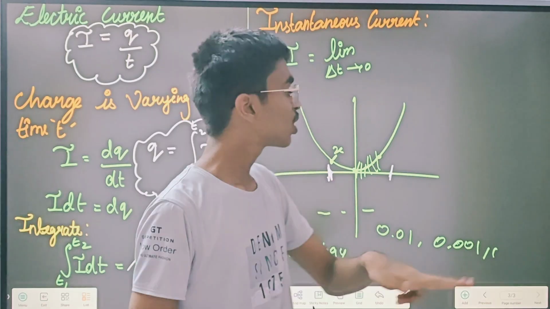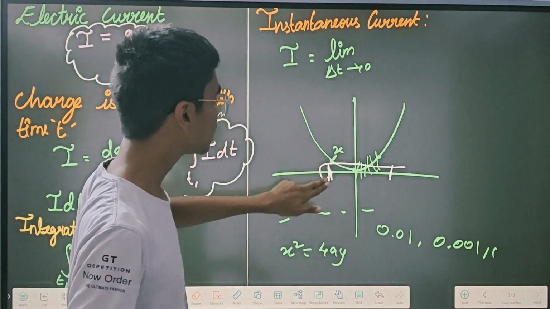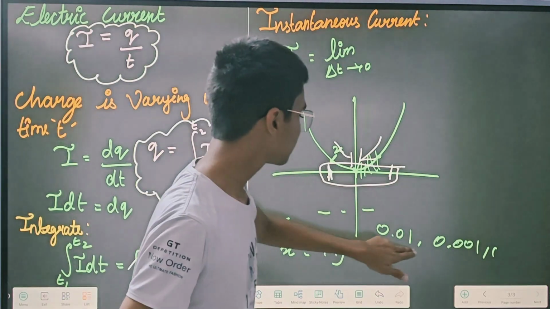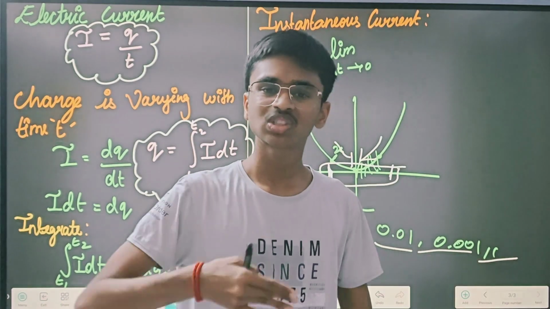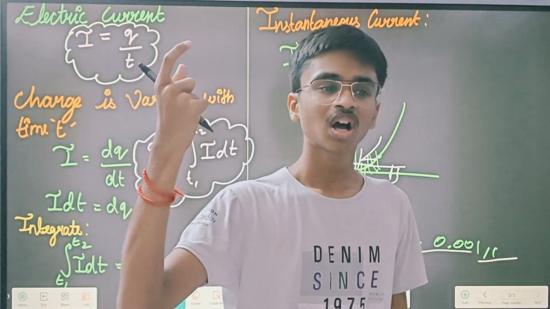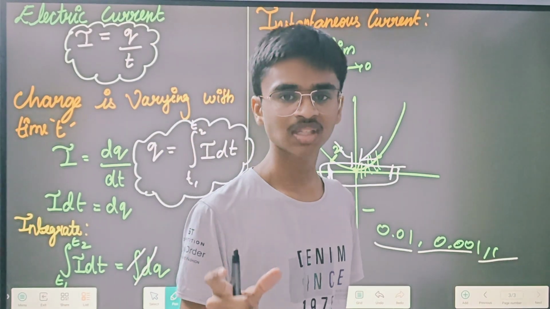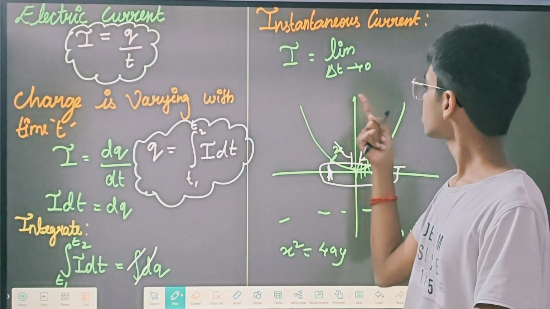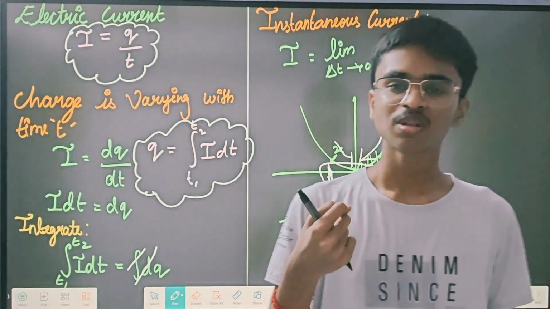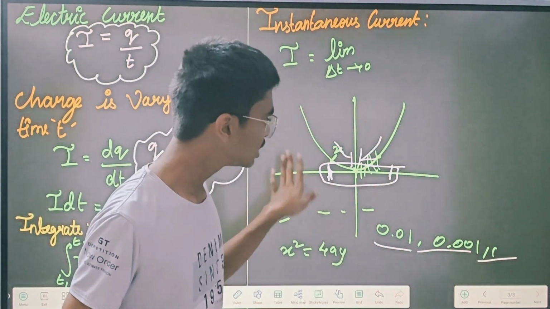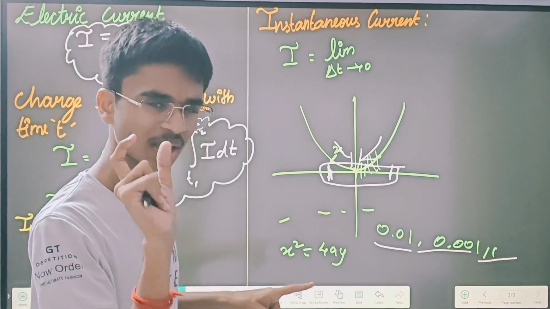So all the values that you have put here are tending towards 0. Since you cannot give identification for every value like 0.001, what mathematicians have done is they have used a symbol, that is limit. Limit is something that is used to represent these cases. I hope it's understandable.